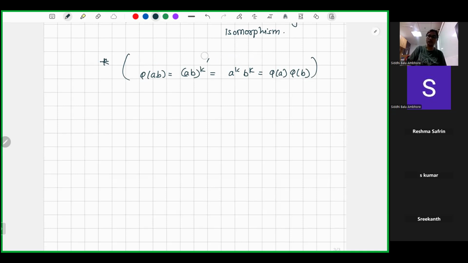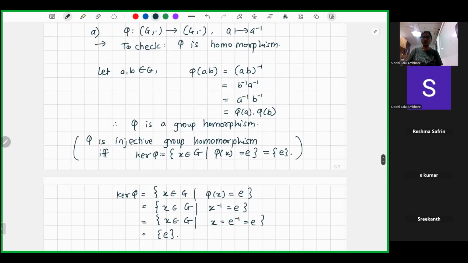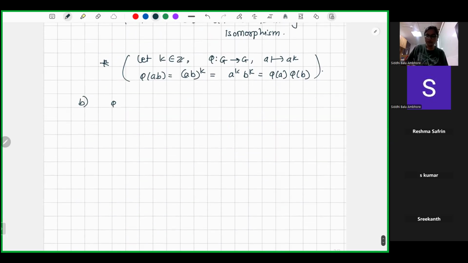Let k be in Z, and phi from G to G such that a goes to a power k. Then this is always a group homomorphism. That's not a problem. But is this, a going to a square, an isomorphism?